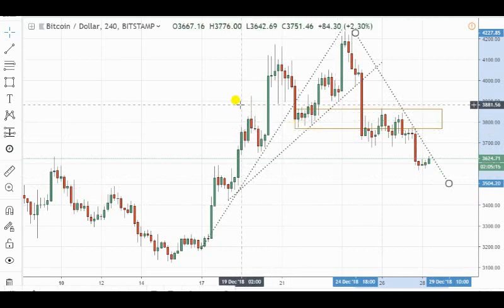So with Bitcoin, what we generally observe is the fact that it is very respectful of support and resistance zones, because it's still a very new currency, and the very fact that it's new means that it has to honor all of the underlying principles that have already governed price action.